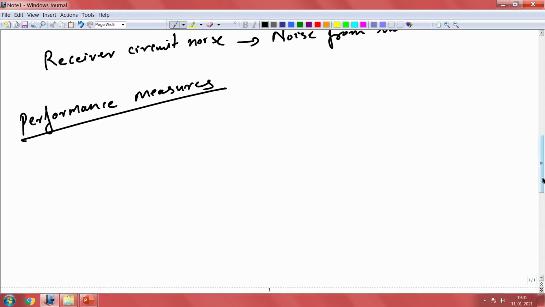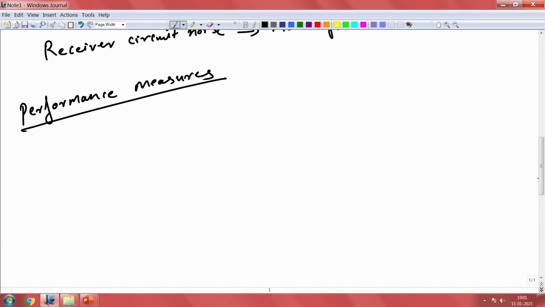So, there are a few performance measures of a simple photodetector. The first one is really fundamental, that is signal to noise ratio, simply called SNR.